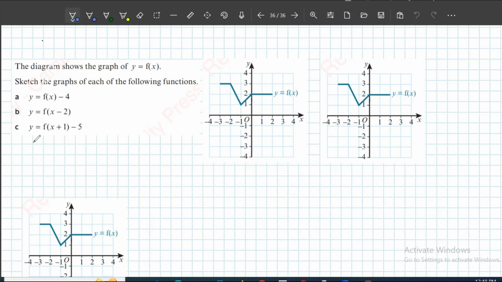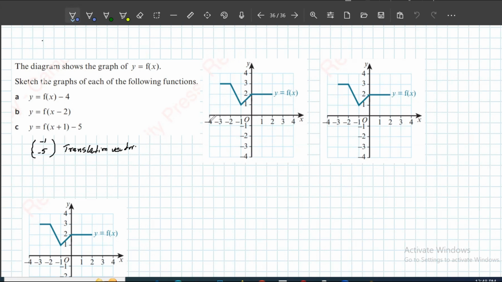So we can say that the translation vector is (-1, -5). We will apply this on each point. For example, we have to move 1 unit left and 5 units down from each corner point or each coordinate.